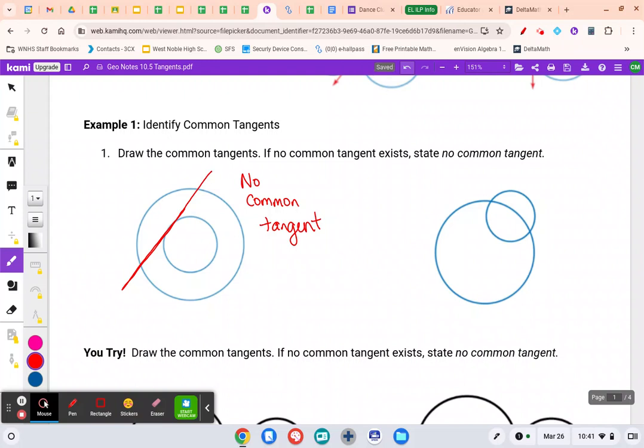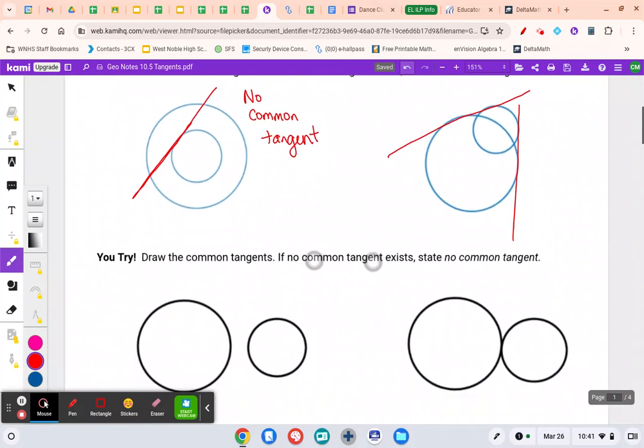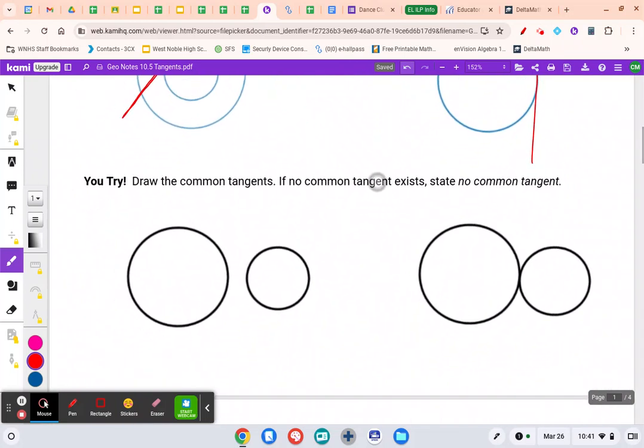So no common tangent here. We want to make sure it's a line, and it would have to pass through twice. This one, the second one, has two options. You can either have a tangent going across this way or a tangent going across this way. Now, they're kind of hard to draw, so just do your best. So we have two options for a common tangent. Go ahead and pause me and try that yourself.